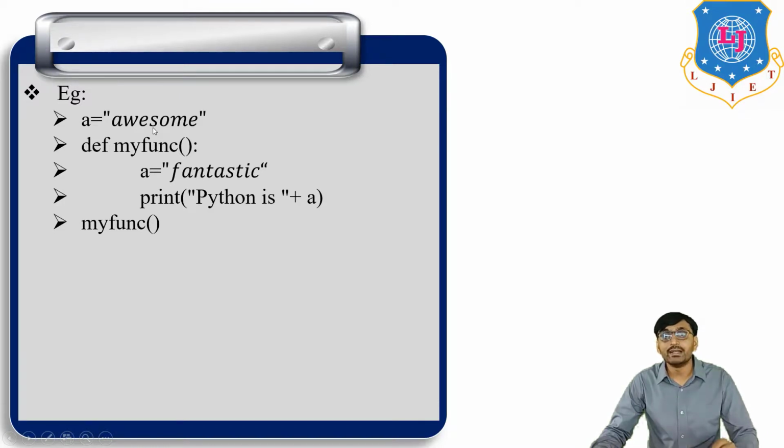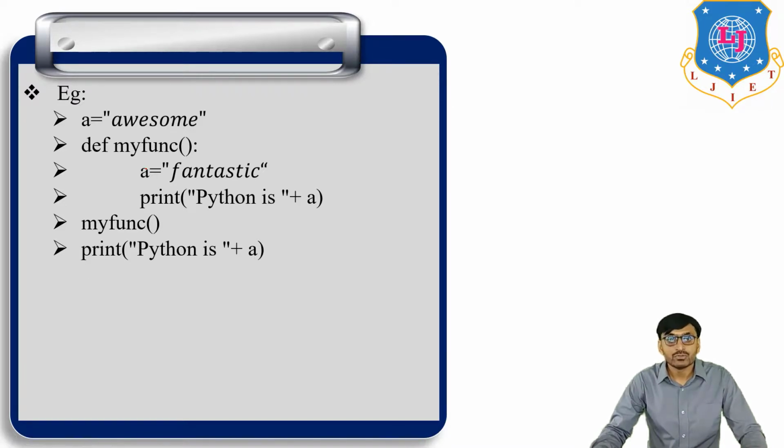That is one type of global variable. Then def my function parenthesis. Then A is equal to fantastic. So it is inside the function, so it is a local variable. Then print Python is plus A. And then function calling my function. And then print Python is plus A.